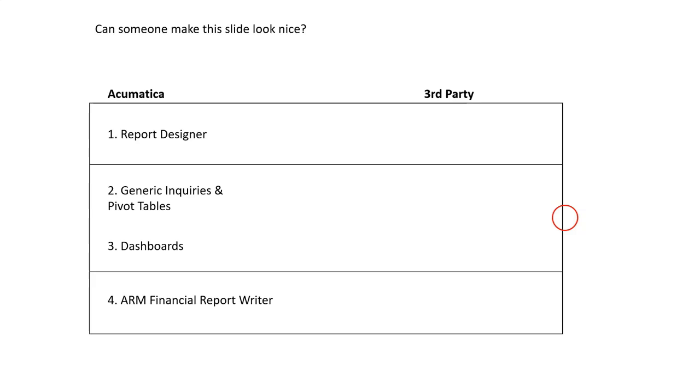I think they can make cases for how they can cross these lines and do more than the box I'm putting them in. But I think for the most part, you're going to see that DataSelf is a solution that does more than you can do with generic inquiries, pivot tables, and dashboards. And Velixo is a solution that does more than you can do with the ARM Financial Report Writer.